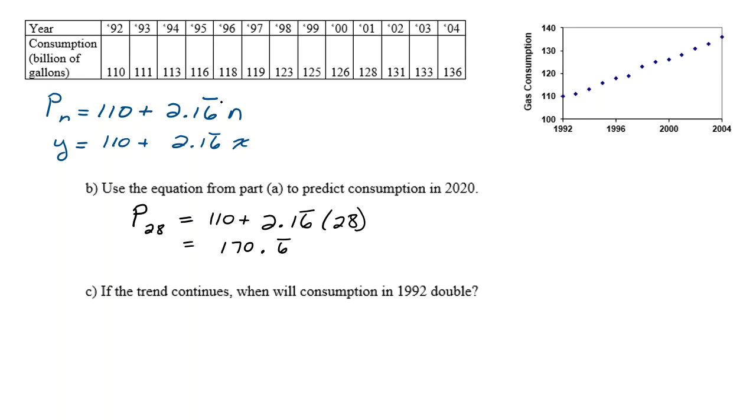I don't want to digress too much, but if we had rounded this, say to 2.2 times 28, let's just see what a difference that would make. 110 plus 2.2 times 28 would have been 171.6. That doesn't seem like a lot, but remember this is billions of gallons.